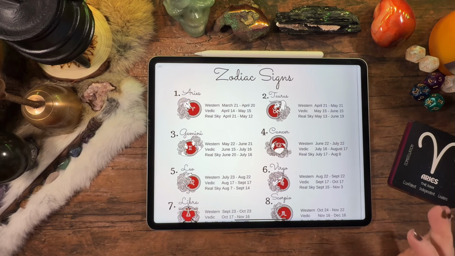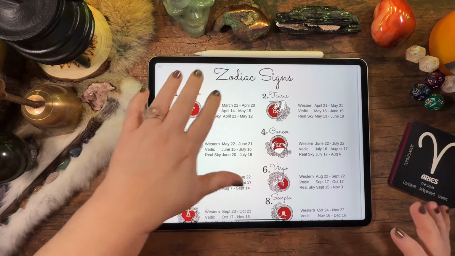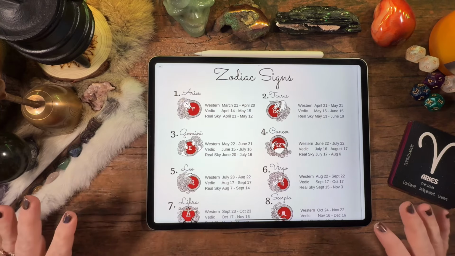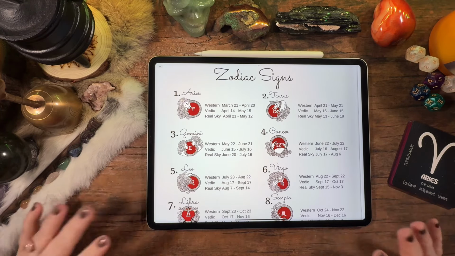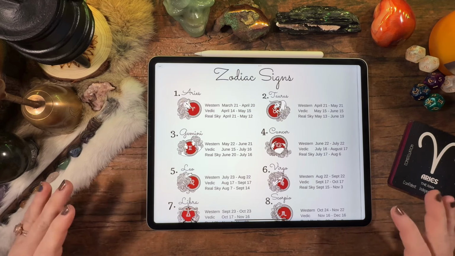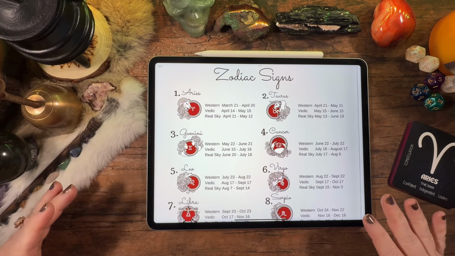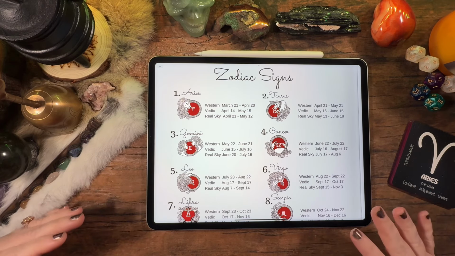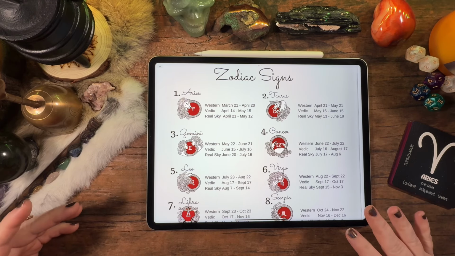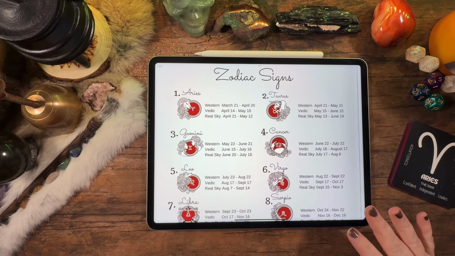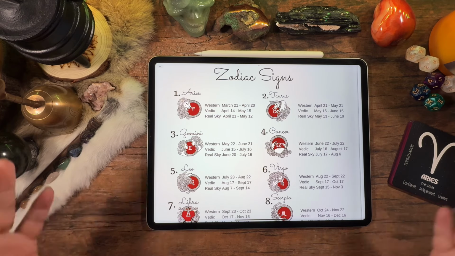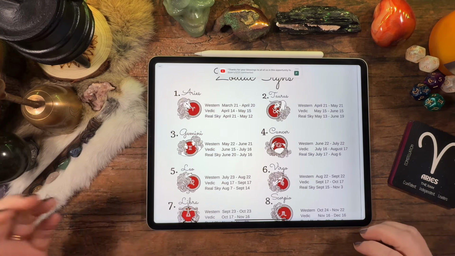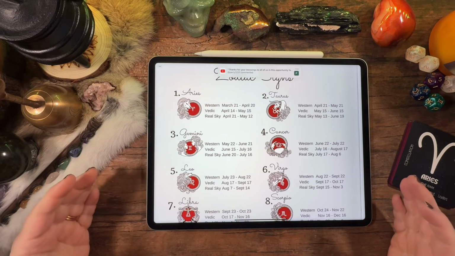What I mean by that is these all use IAU boundaries. That is the International Astronomical Union. So essentially what that means is they have taken the whole outline of the actual zodiac sign or constellation, and that is the borders that they are using.